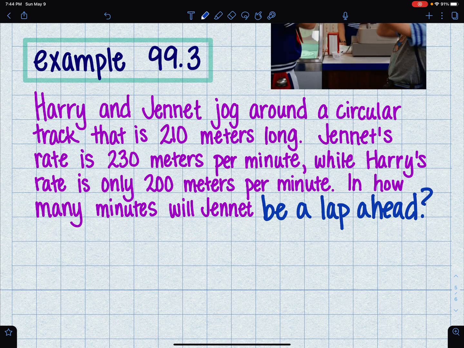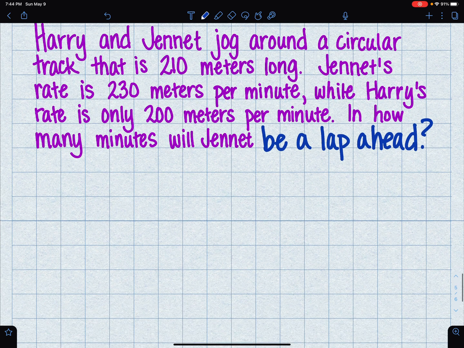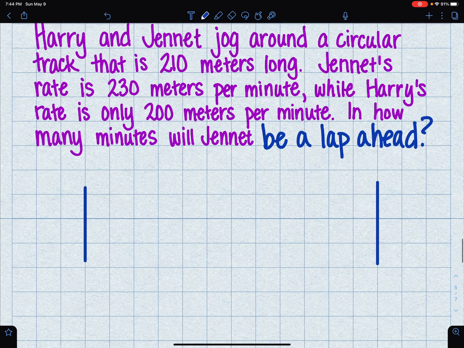Okay, so what we're gonna do is draw the picture first. And we're gonna ignore the fact that it's a circular track and just straighten it out and make it straight. It says that Harry and Jeanette jog around a circular track that's 210 meters long. But it wants to know, when will Jeanette be a lap ahead? So let's start with Harry's distance.